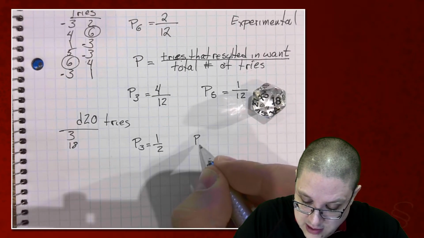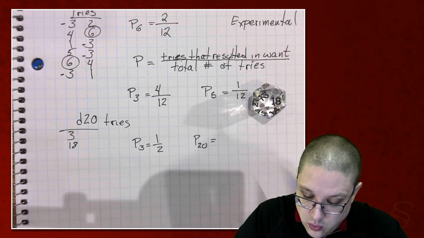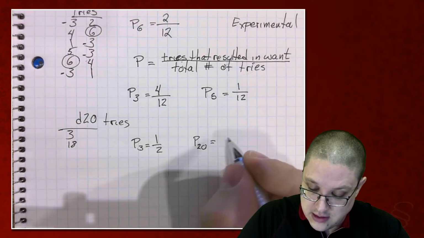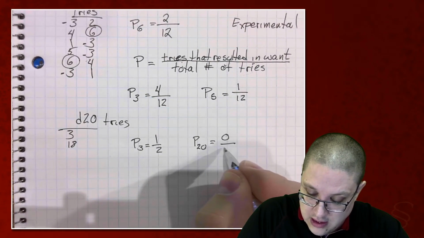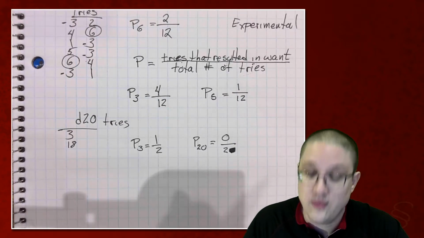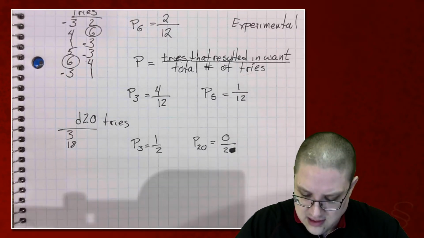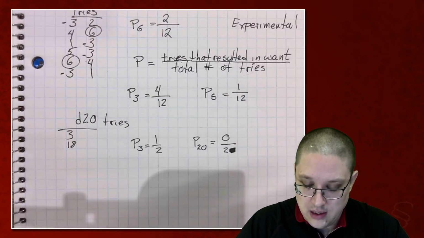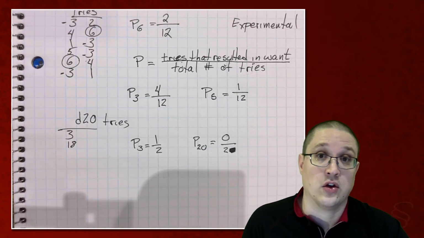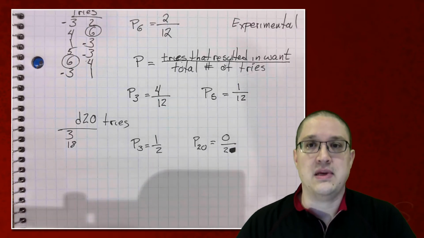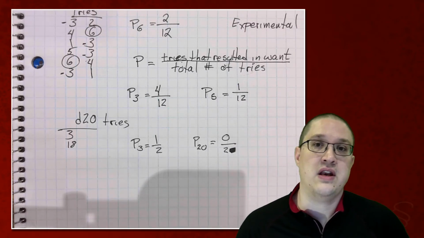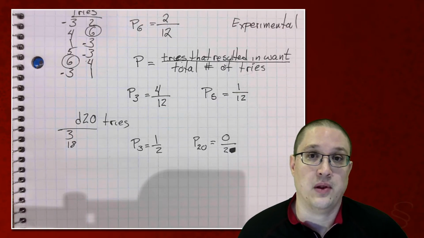If I say, what's the chance of rolling a 20? Well, I didn't roll any 20s, so the chance of rolling a 20 is 0 out of 2. And that doesn't really work very well. So I did not do enough tries here, so my data isn't good. This can be seen in the real world when you don't have enough people for a survey, for example.